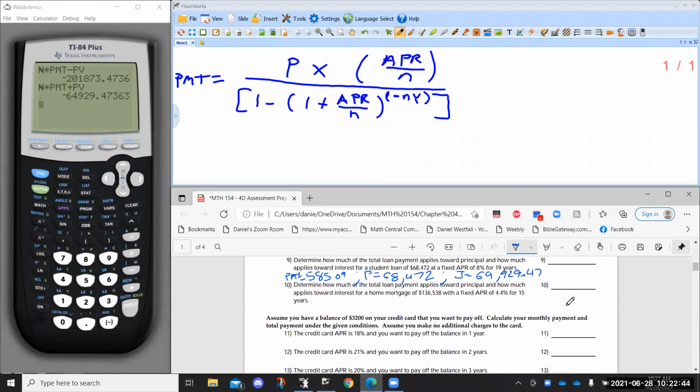We got another one like that. Let's go ahead and say this is 15 years. Its interest rate is 4.4%. Its present value is 136,538.